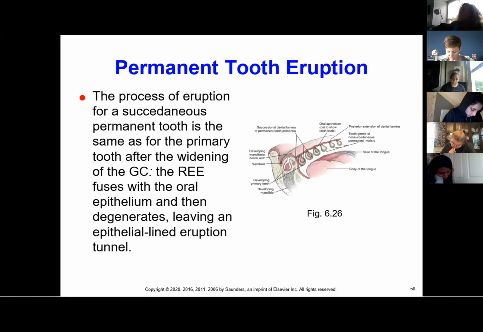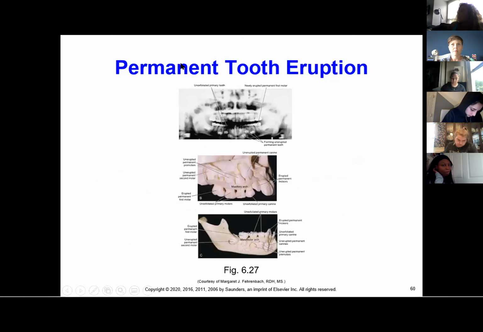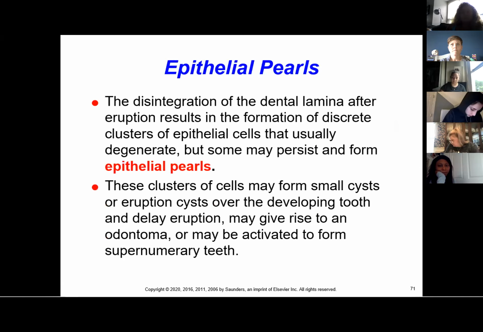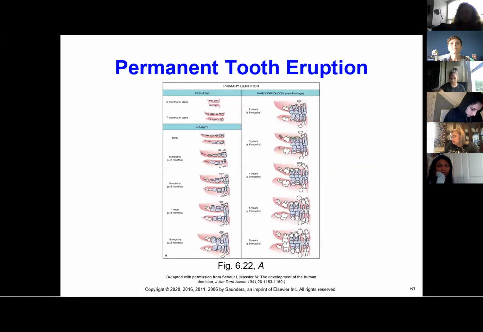That's kind of complicated to understand, but let me see if I can find that picture. Or was it before?